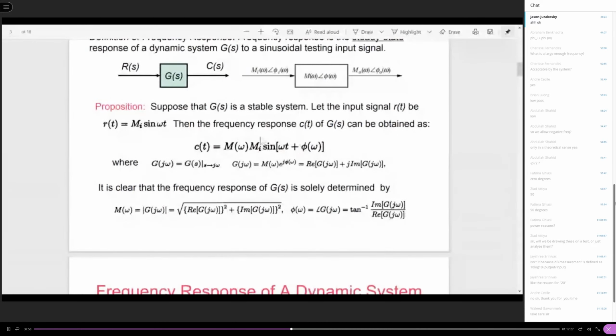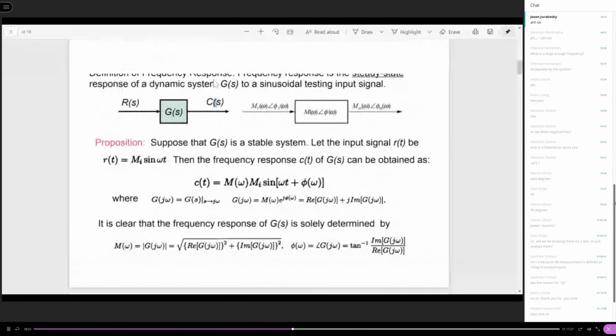So what is that relation? It's here. C of t is the output signal, the response signal.